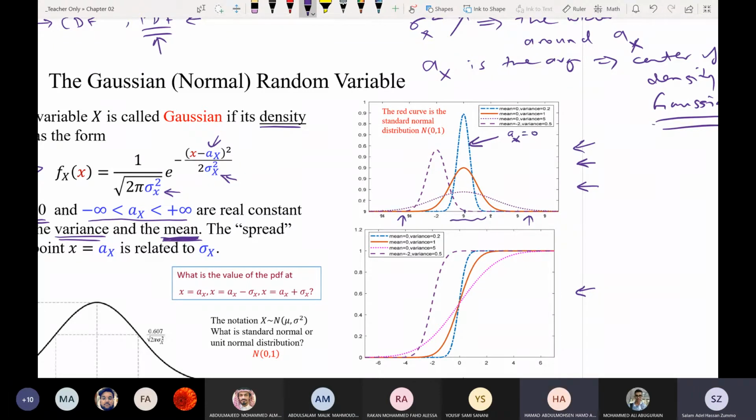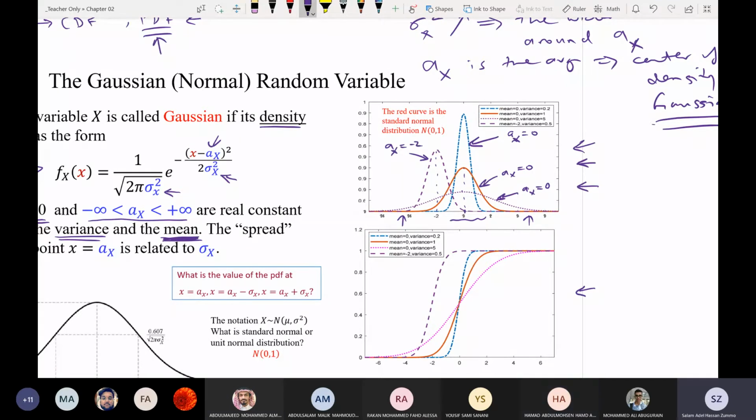What about the AX value for this wide one? It's also 0. What about the red? Also 0, the same thing. See how the center here is at 0, while for this one, the center value or AX is minus 2. Excellent.